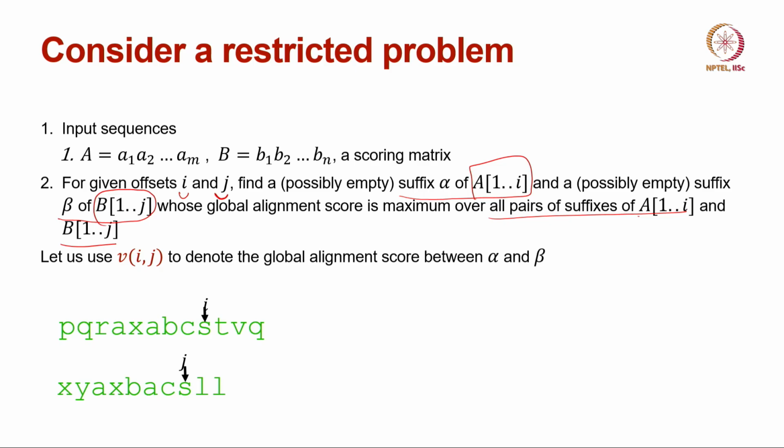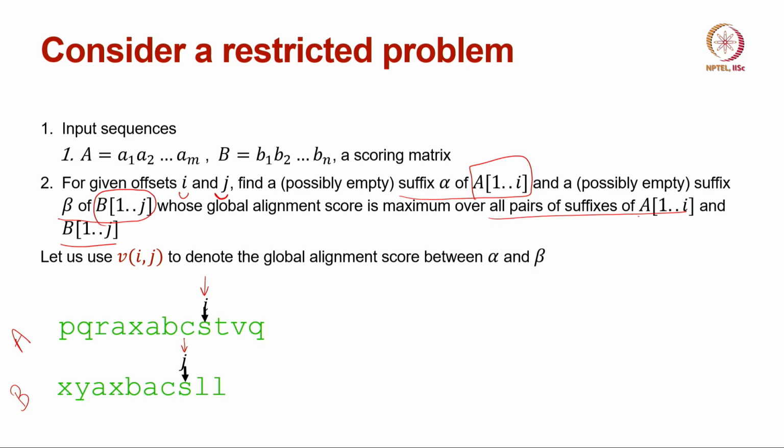For example, let us say we consider this example where my sequence A is P Q R A X A B C S T V Q, and let us say my sequence B is just X Y A X B A C S L L. So these are just two examples that I want to show you. So let us say that in this problem formulation i and j were given to me as these coordinates.